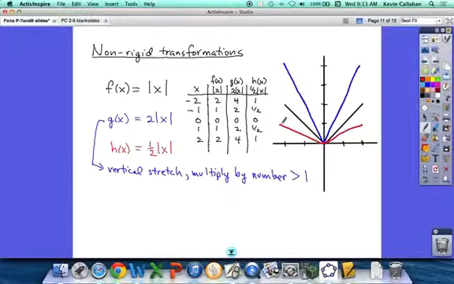For when you multiply by a number less than 1, if bigger than 1 is called a stretch, what word do you think we would use for less than 1? Shrink. This book calls it a shrink. The New Algebra 2 book calls it a compression. Okay, vertical shrink.